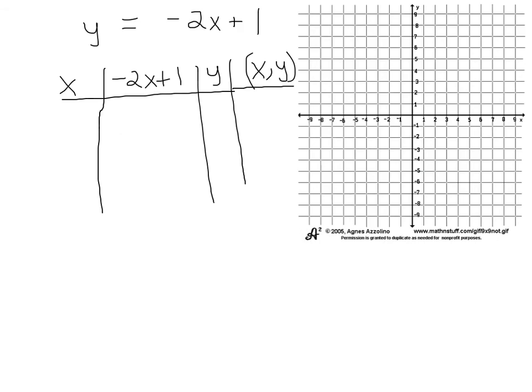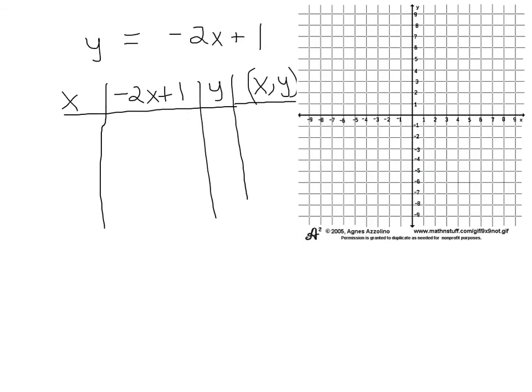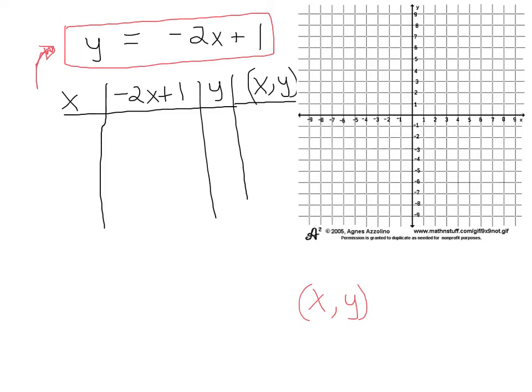Why don't you try one? You've got the equation y equals -2x plus 1. What we want to do is find out what values for x and y will make this idea true. And if we graph this idea, we can find all of the xy pairings that will make this statement true.